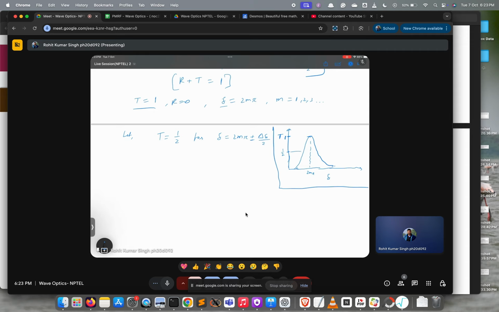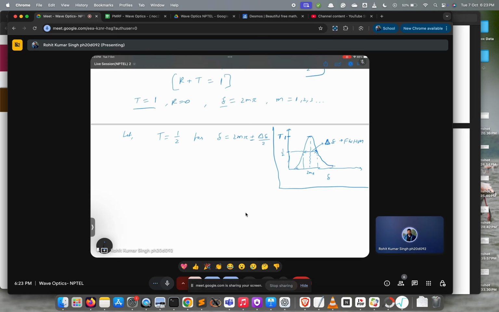But at half, when the transmittivity is half, this width is this small angle delta. And this is called full width at half maxima, because it is the width of this distribution at half of the maxima.